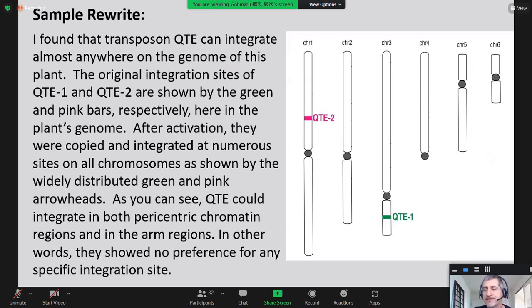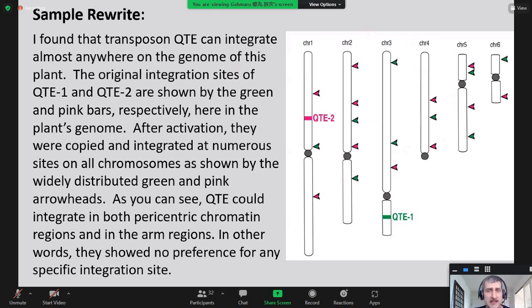After activation, they were copied and integrated at numerous sites on all chromosomes, as shown by the widely distributed green and pink arrowheads. As you can see, QTE could integrate in both the pericentric chromatin regions and in the arm regions. In other words, they showed no preference for any specific integration site.